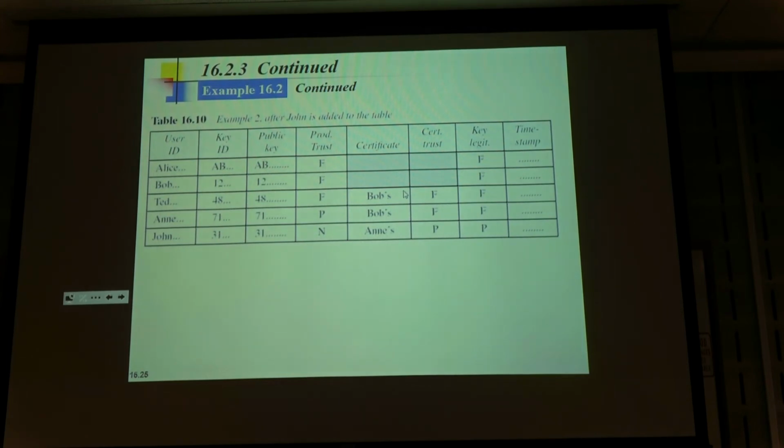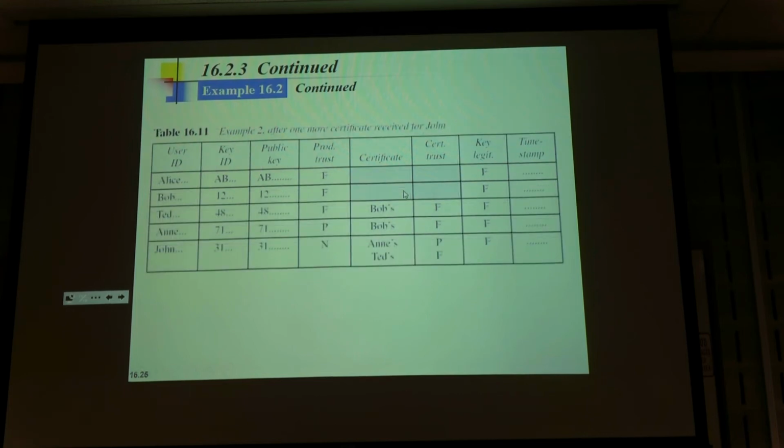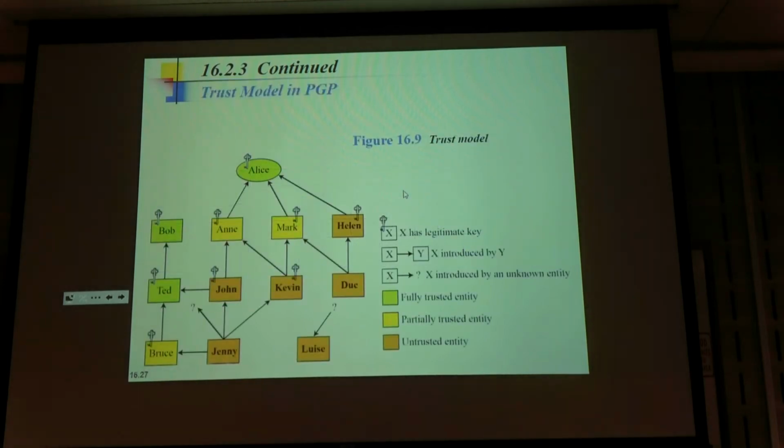So it's like keep building the table, getting the keys from the people you trust or partially trust, then you assign the trust level until the end. The idea is that you have to have a public key, and in the table, is it fully trusted, partially trusted, or not trusted? That's the whole idea. Got it? So just follow the scenarios in the book. This is just a scenario, and there are assumptions that we have to follow. So then John was added until the end.